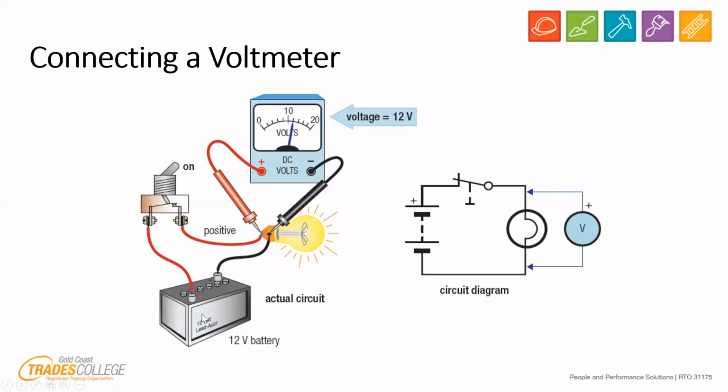So once again, we said last week that the battery is providing the pressure, the circuit is closed, it's working, and the light bulb is using the pressure. So obviously, if I was to compare this side to this side, we've got 12 volts difference.